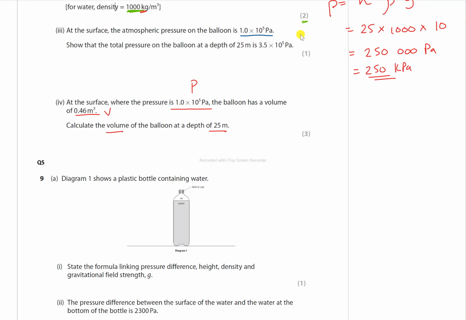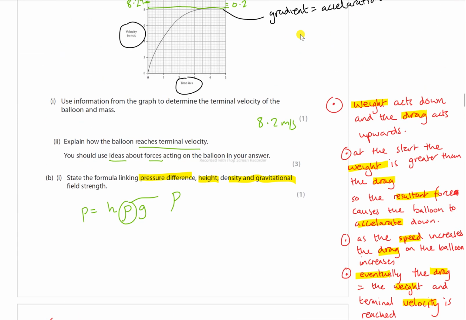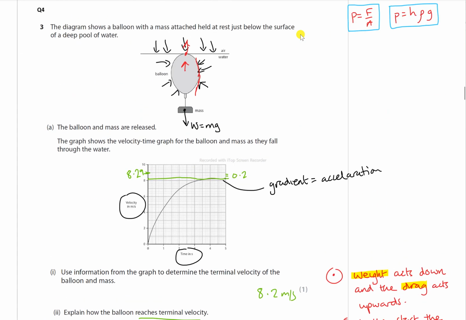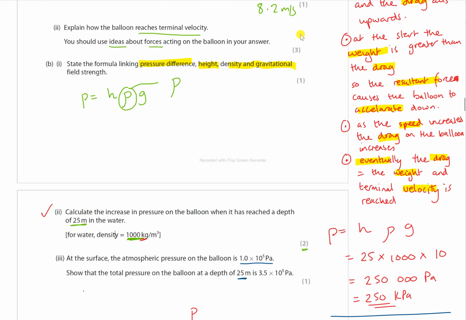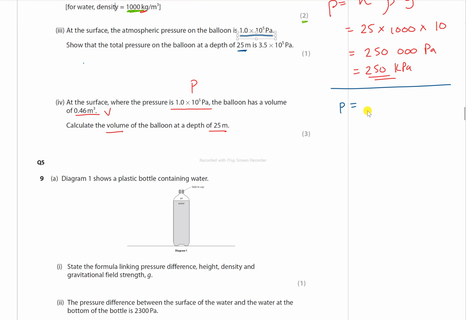Right, the total pressure on the balloon is that. So we know the pressure. So let's do it here. We've got 25, and they've added. What's the pressure on the surface? Oh, I missed something here. Right, there it is. That's what I was looking for. I've got lost in all the detail. Right, okay. They've said that atmospheric pressure is this.